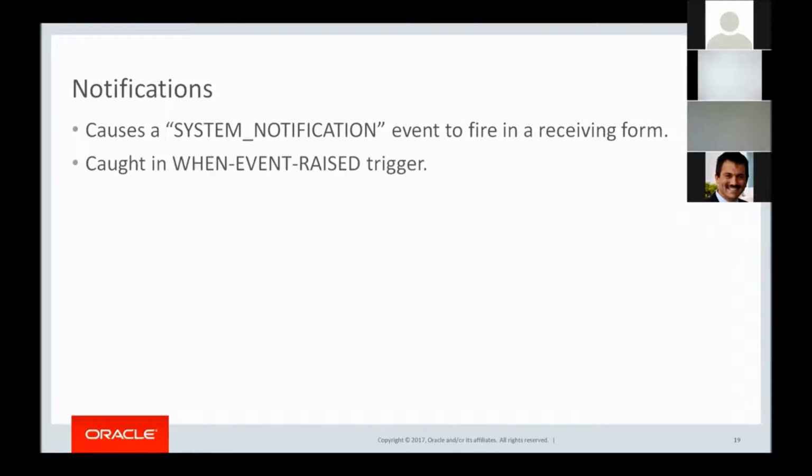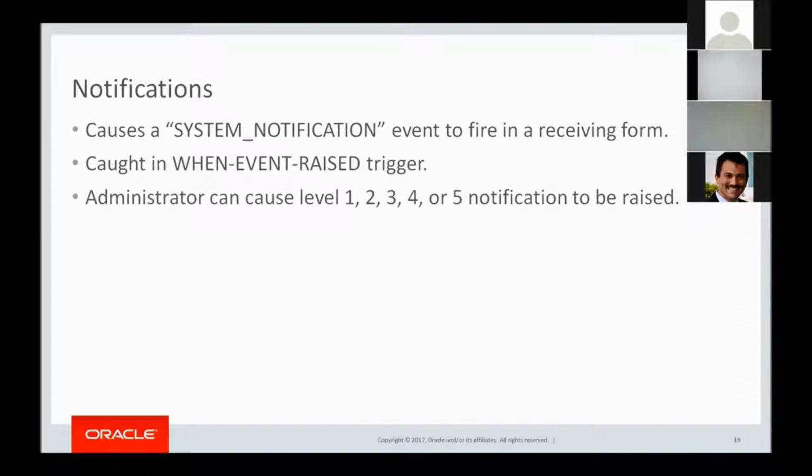Again, in this particular case, the system notification is caught or trapped in a when event raise trigger that you create. And the administrator will have the ability to cause one of 5 leveled notifications to be raised. And I'll explain what that means in just a second. Again, this is the administrator we're talking about. So the administrator doesn't necessarily need to know anything about forms.